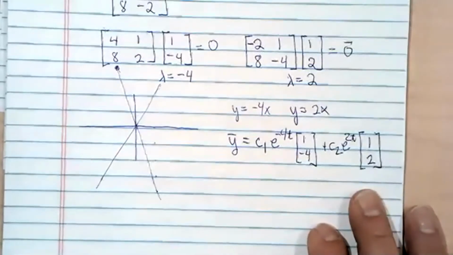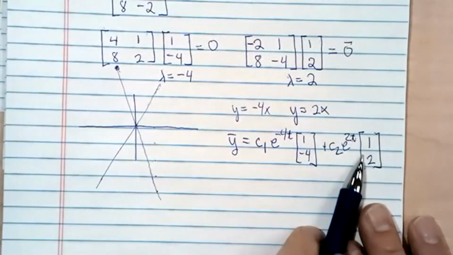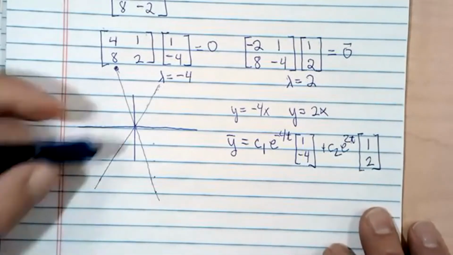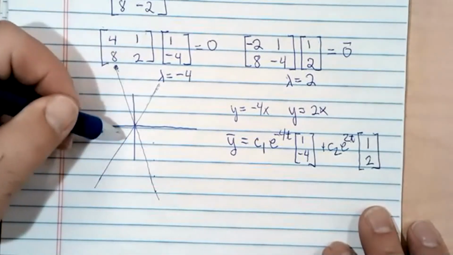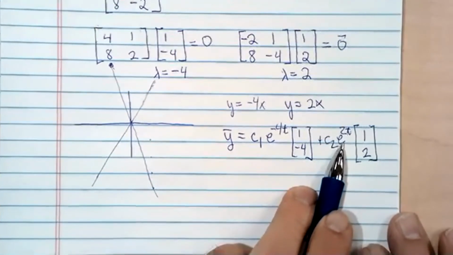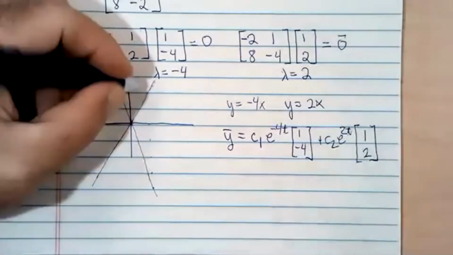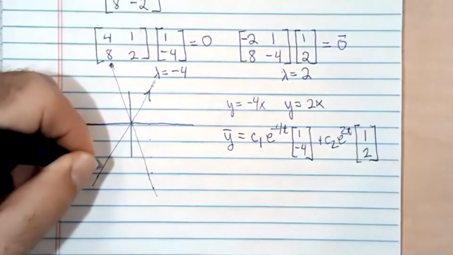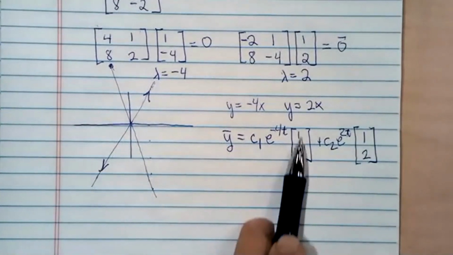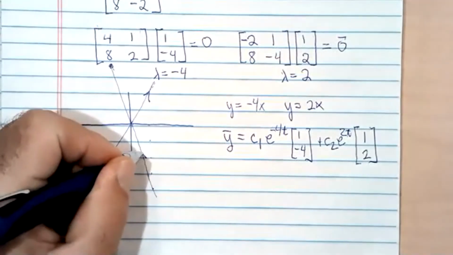Okay, now, as t grows along the 1, 2 line, no matter where you start, as t gets larger, you're going to expand away from the origin. That gets bigger, not smaller. But along this line, it gets smaller.